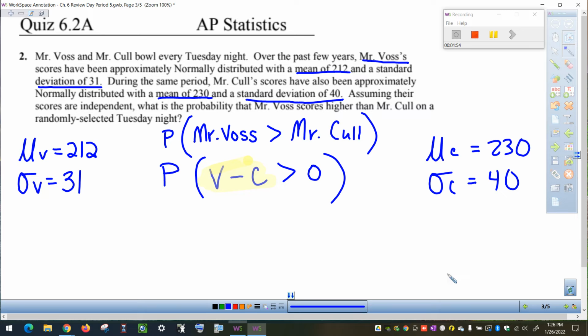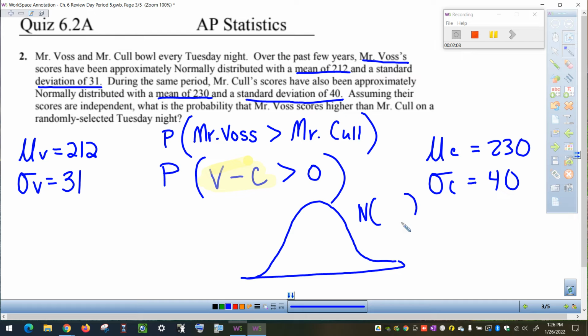All right, and because these are normally distributed, we are eventually going to be using a normal curve here to find our answer. When we are doing our labeling here, we need to figure out the mean and the standard deviation of the difference between them.